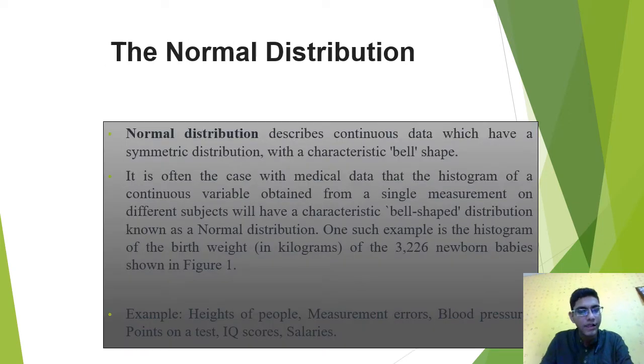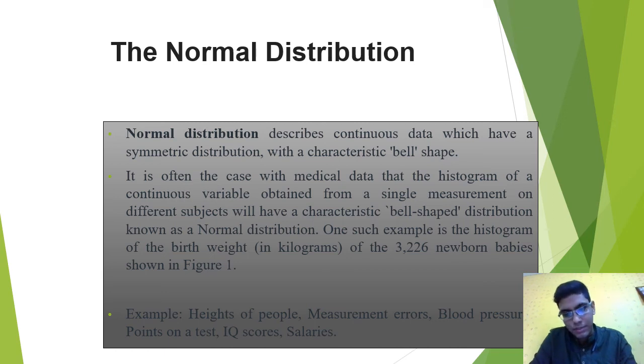Okay. Now coming on to the normal distribution. The normal distribution describes continuous data which have a symmetric distribution with a characteristic bell shape. It is often the case with medical data that the histogram of a continuous variable obtained from a single measurement on different objects will have a characteristic bell-shaped distribution known as the normal distribution.